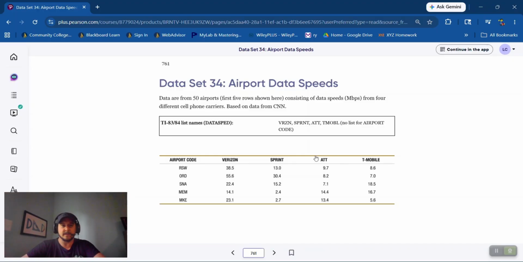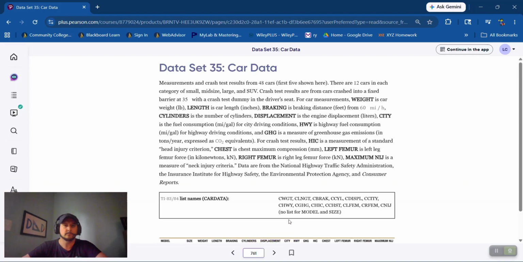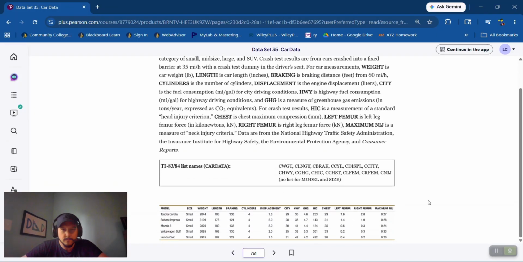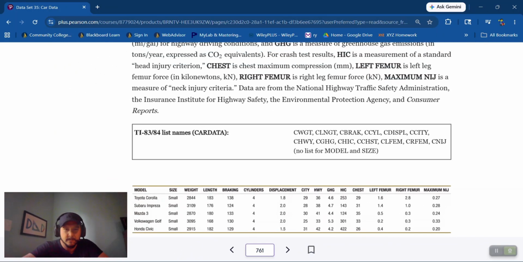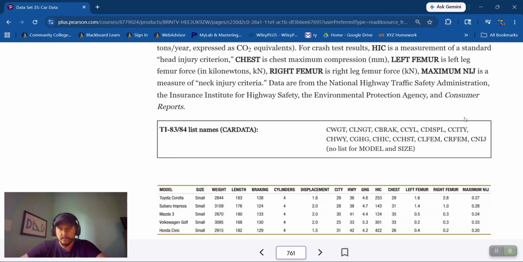This one's not too bad either. Ooh, I have to zoom in on that. Okay, I'm going to screenshot just a portion of this.